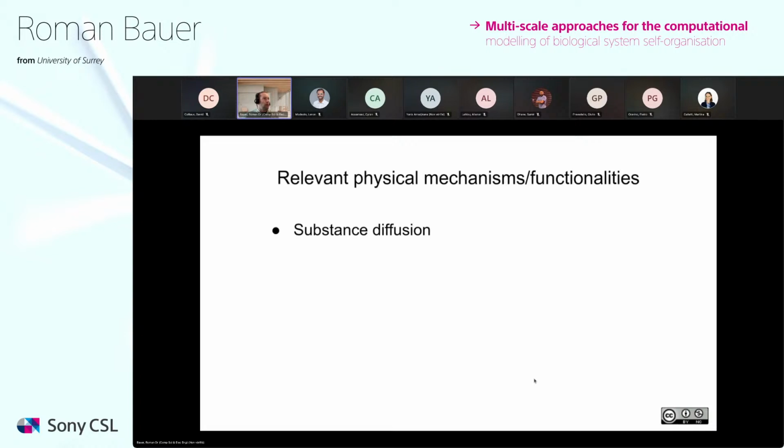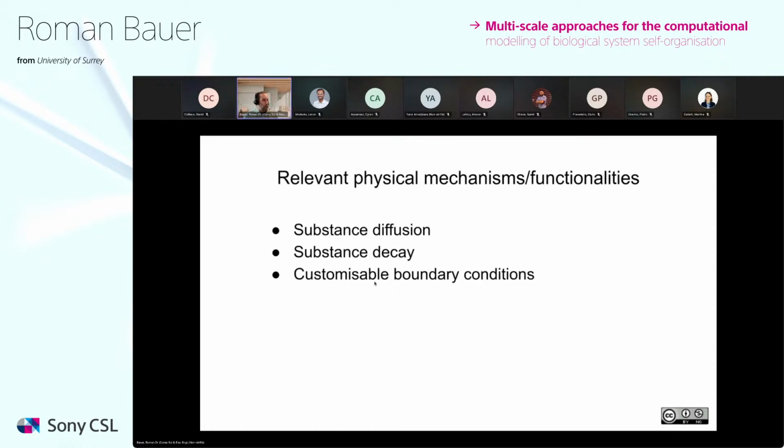Then from a physical perspective, what kind of mechanisms or processes do we want to model in such an agent-based model if we look at the physics? Because ultimately we want to model how the biological behaviors interact with a 3-dimensional physical space. And in this space, we want to, for example, include the diffusion of substances, as I briefly mentioned before, or the decay of a substance.